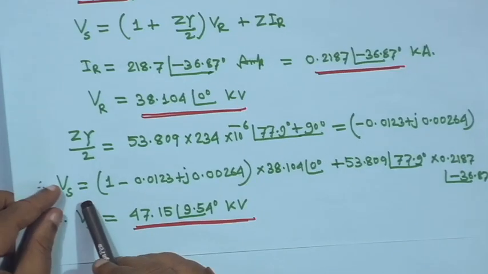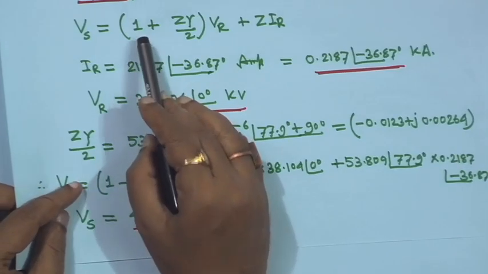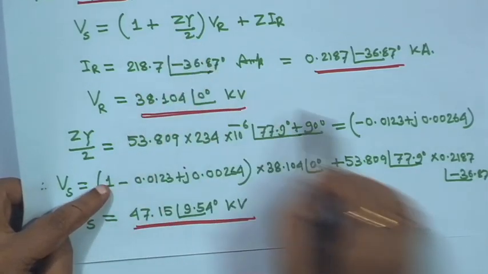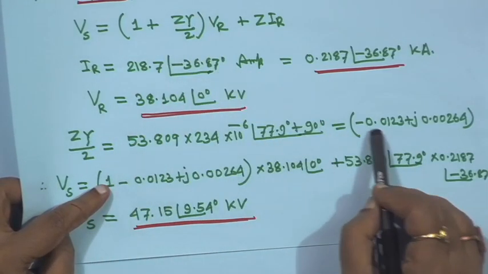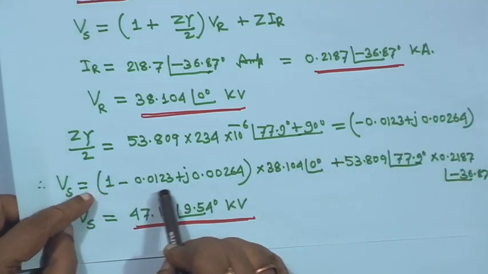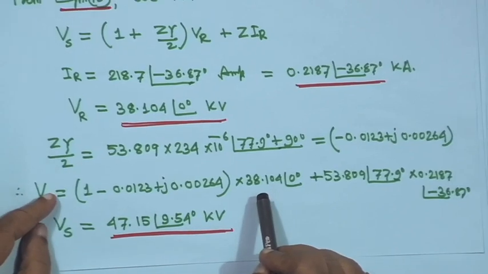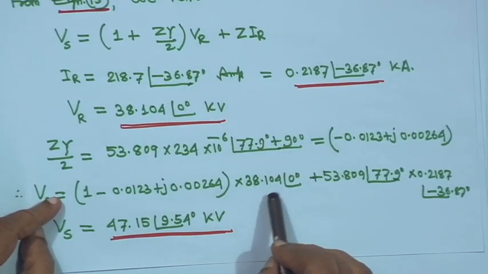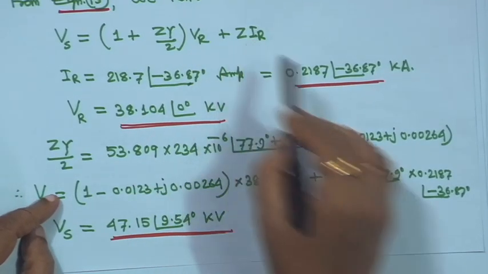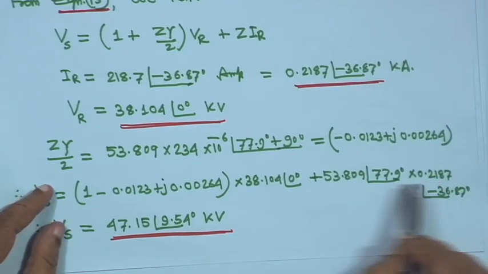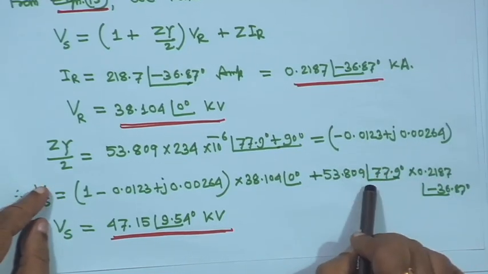Therefore, Vs is equal to 1 plus ZY by 2, so ZY by 2 is coming this much. So, 1 minus 0.0123 plus j 0.00264 multiplied by Vr, that is 38.104 angle 0 degree, plus Z into IR. This is Z and this is IR, in kilo ampere, so the drop will become kilovolt.